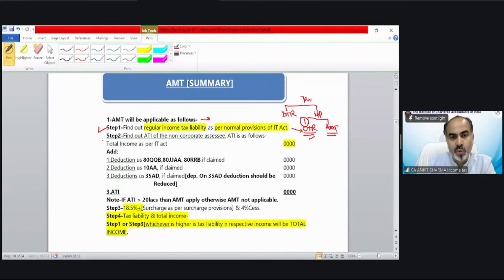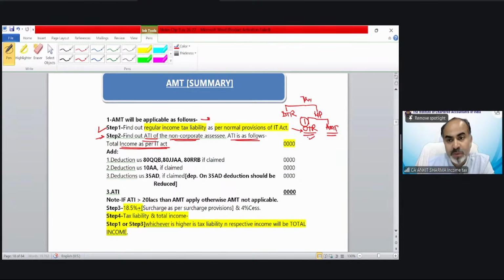Now step number 2, you need to find out the ATI. Find out ATI of the non-corporate assessee. And the ATI calculation is as follows. This is very, very easy. You need to just add back 2 or 3 things and your ATI would be there. First of all, you need to take total income as per Income Tax Act. Remember, we need to take the total income, not net profit.